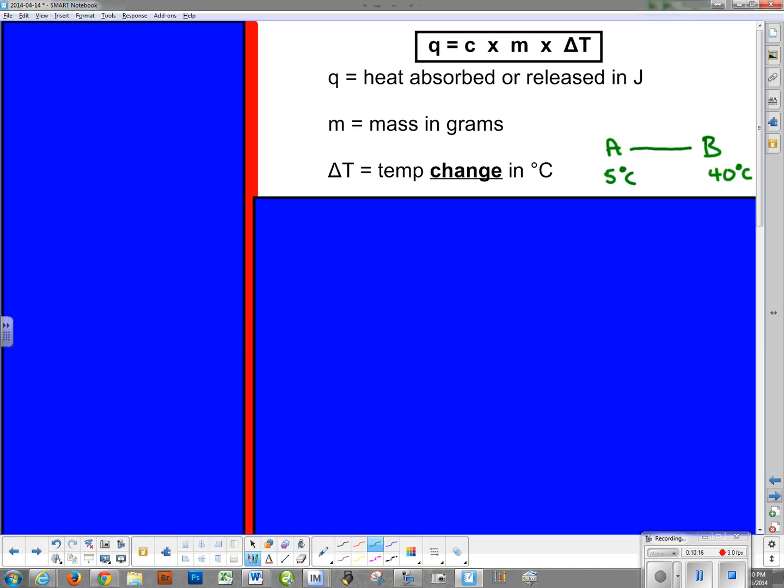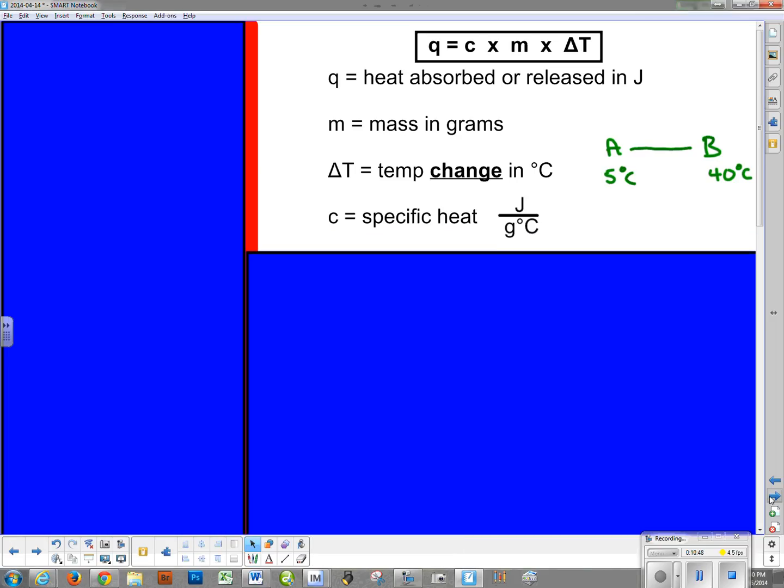So if I told you what the starting temperature was, when you do your calculation, you're not getting the answer. You're getting the change. So if the temperature change turned out to be, in this case, what was it? 35. So if the temperature change is 35 and my starting temperature is 5, that's where we get our 40 from for point B. We're looking at a thermometer. Okay?